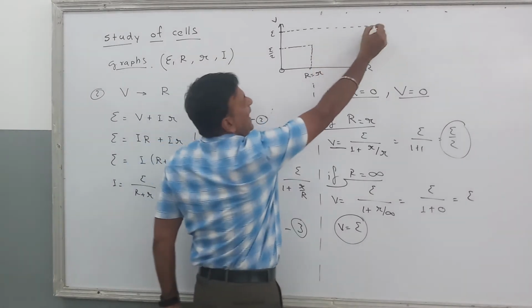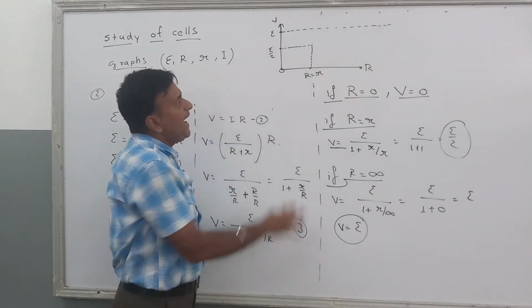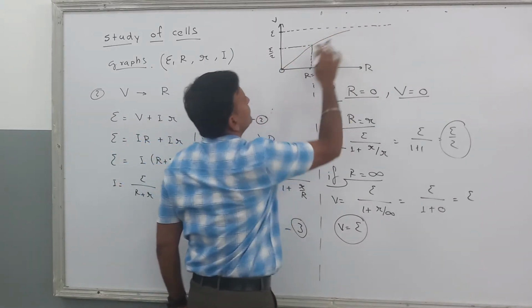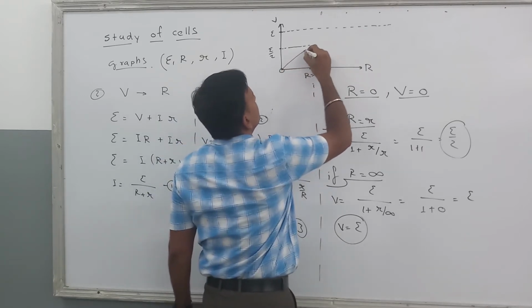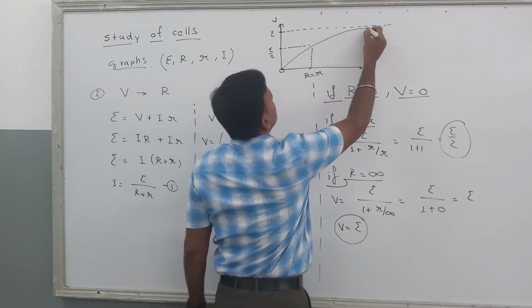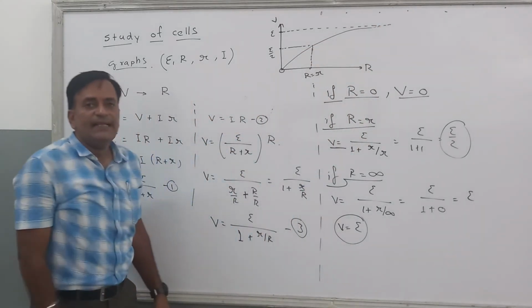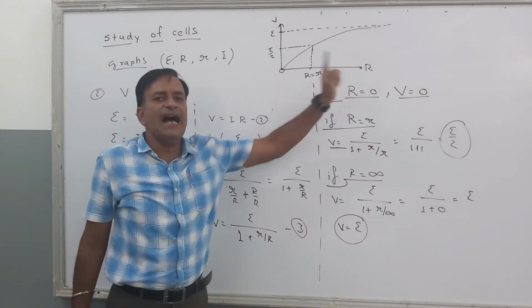Clear? So that point will be somewhere at infinity. And now joining these, what I get is this graph. Asymptotic. This is the graph of V versus R.